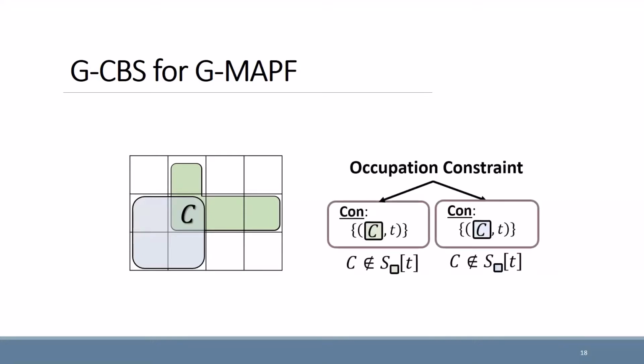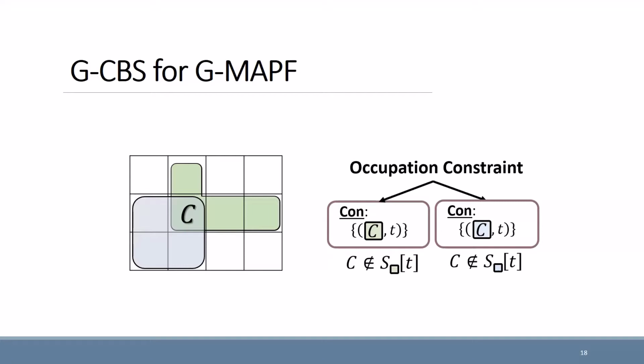We propose GCBS for generalized multi-agent pathfinding. In this example, both agents occupy location C. This conflict can be resolved by imposing an occupation constraint. An occupation constraint prevents the agent from occupying a given location at a given time step, with its entire shape.